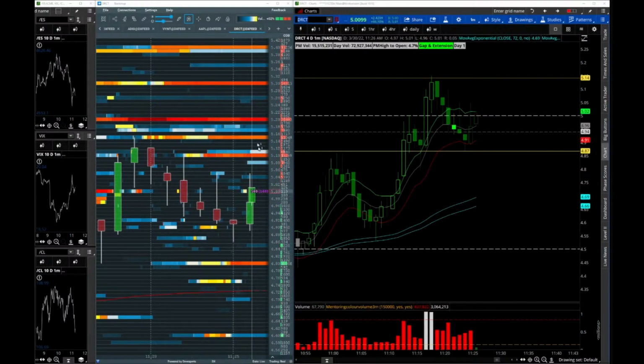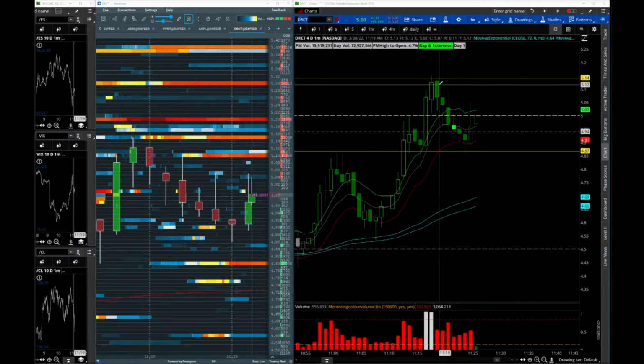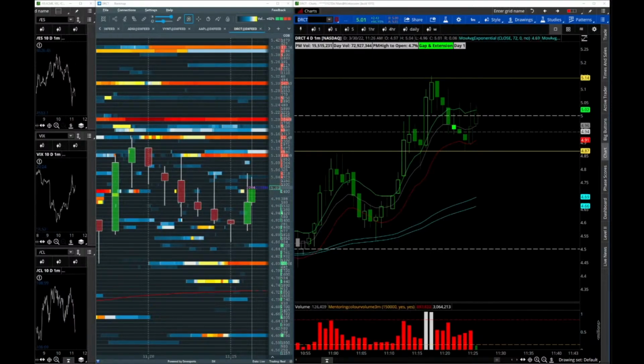So we have resistance 5.10 and 5.20. I want to take a little bit of profit, 5.05, but now I cancel my exit. And I'm going to look for this 5.10 for a little bit of profit over there.